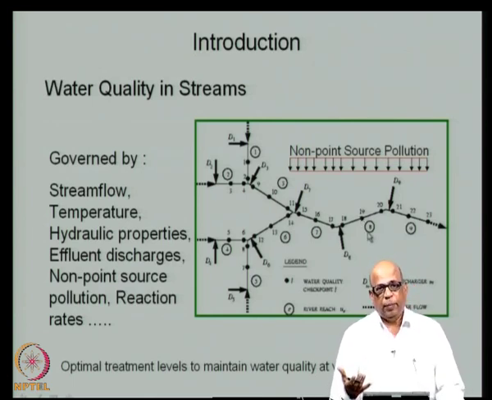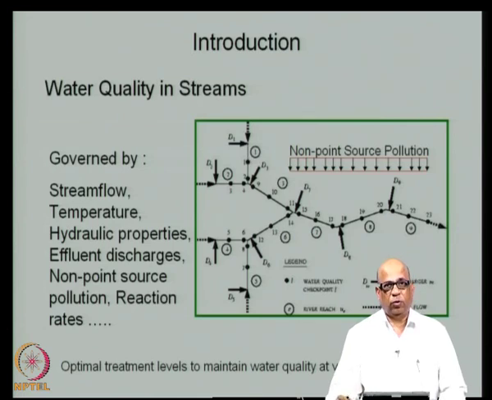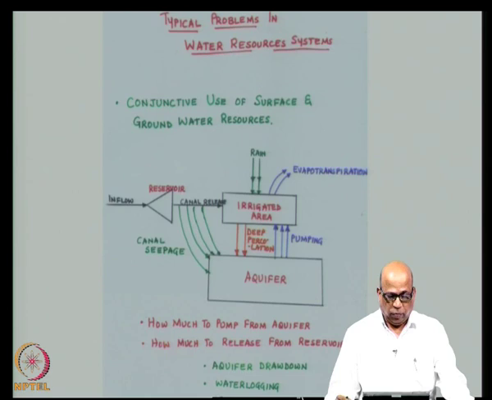So, we must be able to build both systems simulation models as well as systems optimization models to answer several of these questions. So, we will start with typical problems in water resource systems that we will be addressing.